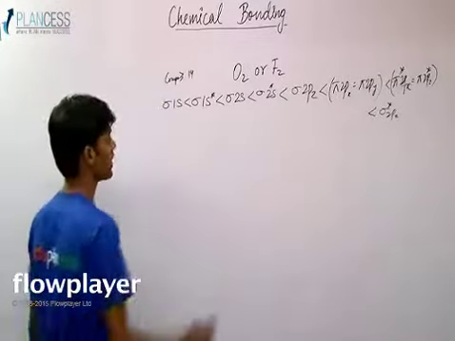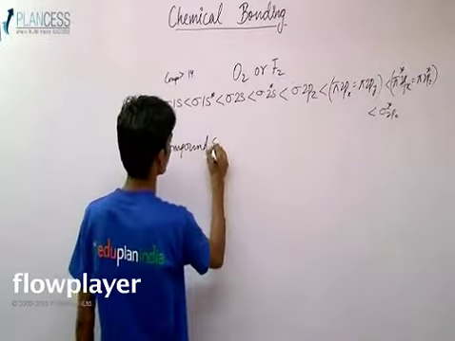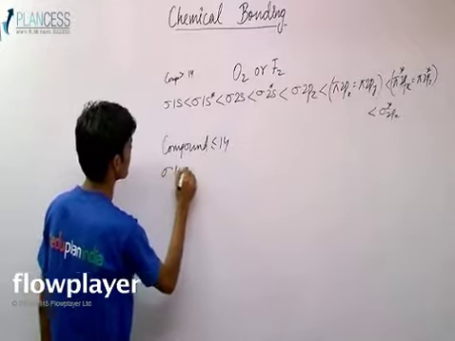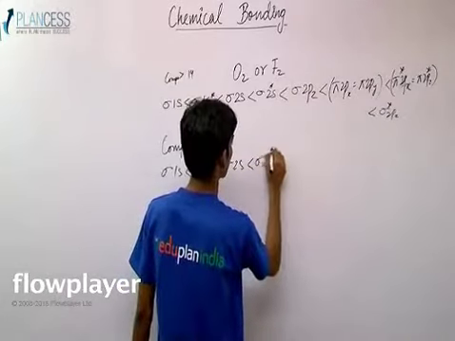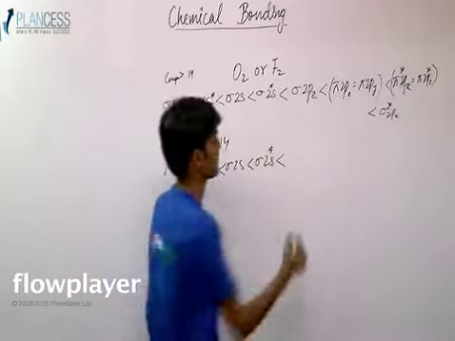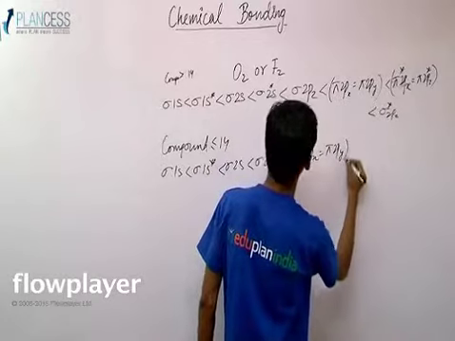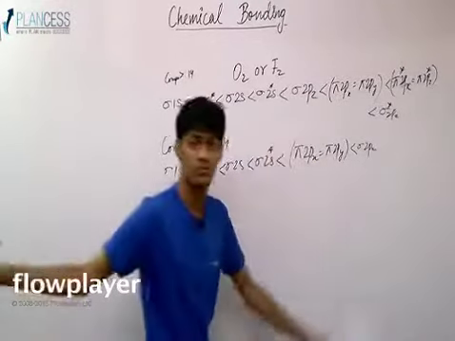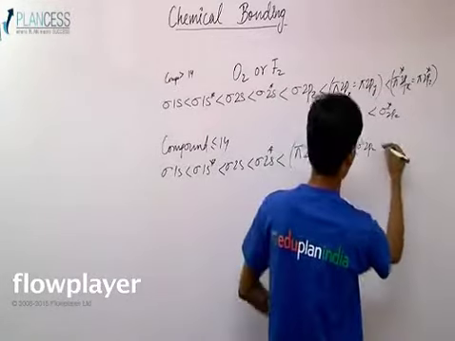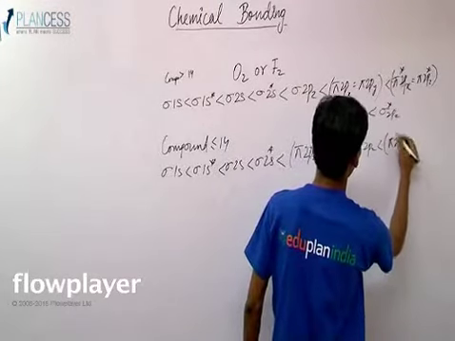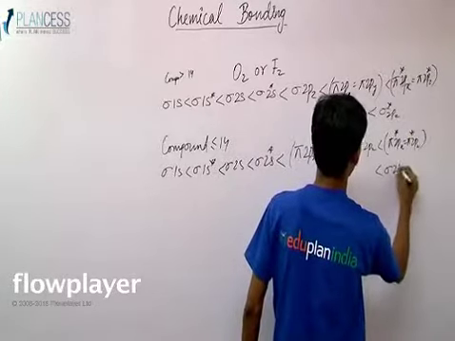And for the compound with molecular mass less than or equal to 14, first is sigma 1s, then sigma 1s star, then sigma 2s, then sigma 2s star, then pi 2px equals pi 2py, which comes before the sigma 2pz, and then it is less than pi 2px star equals pi 2py star, which in turn is less than sigma 2pz star.